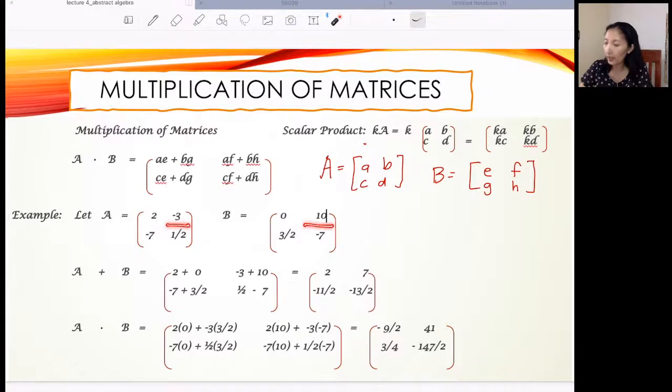Next, negative 7 plus 3/2, and 1/2 plus negative 7. When simplified further, 2 plus 0 is 2. Negative 3 plus 10 is 7. Next, negative 7 plus 3/2 is negative 11 over 2. And then 1/2 minus 7 is negative 13/2.